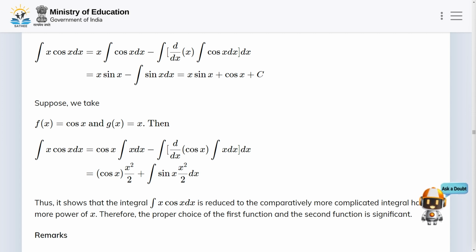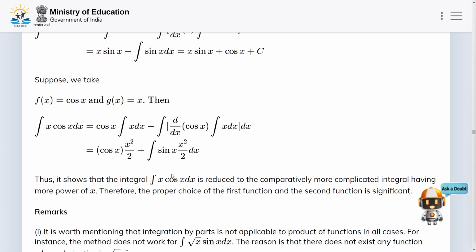So now evaluate them. You will get cos x multiplied by x square by 2, plus, because the differentiation of cos x is minus sin x, and x will be x square by 2. So cos x times x square by 2 plus the integration of sin x multiplied by x square by 2.